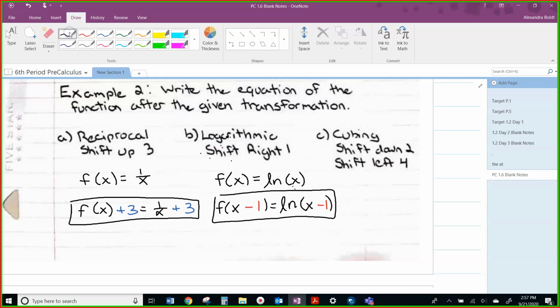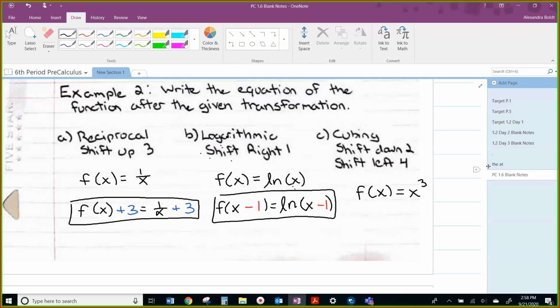C: cubing function, and I want to shift down 2 and shift left 4. So my cubing function is f of x equals x cubed. I'm doing two things here. One, I'm shifting down.